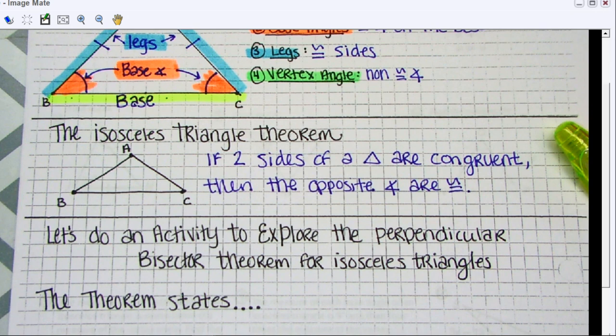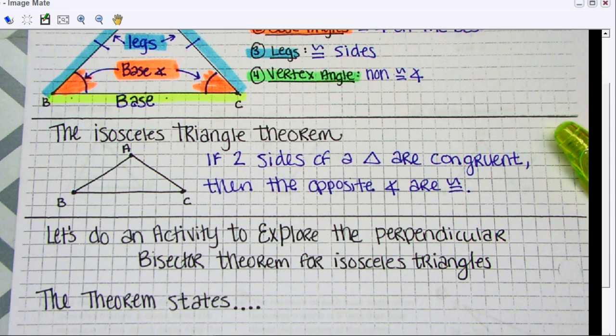If two sides of a triangle are congruent, then the opposite angles are also congruent. That is the isosceles triangle theorem. And we've talked about that up at the top where all that vocabulary was. We just kind of put it into a sentence now, instead of it just being definitions.